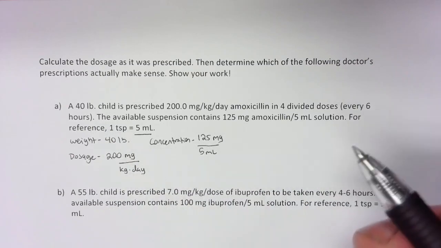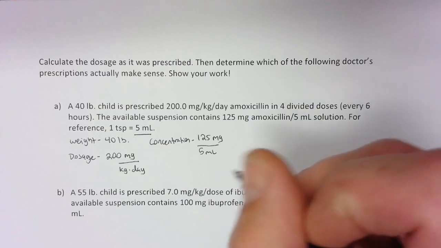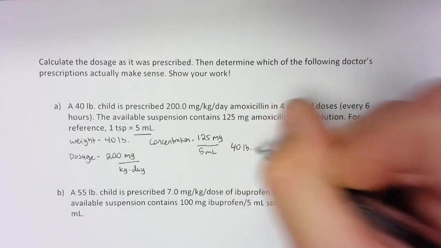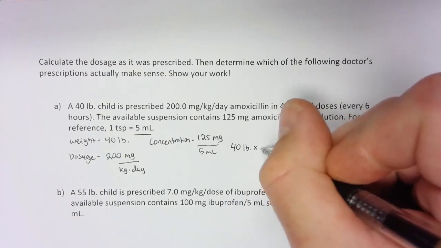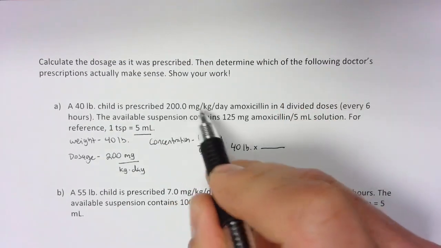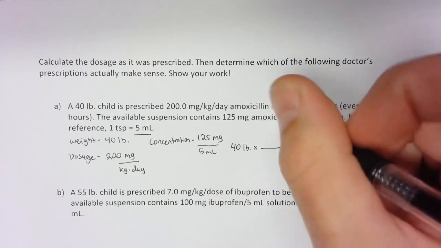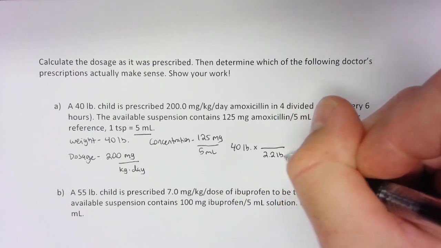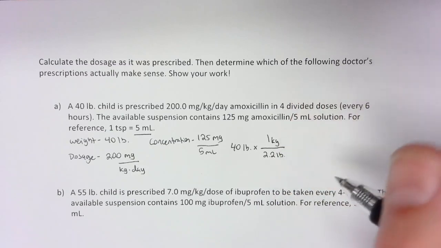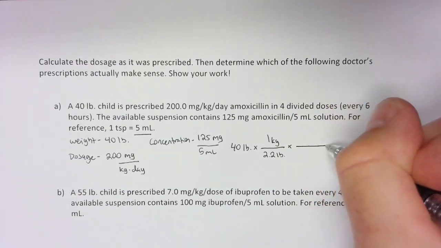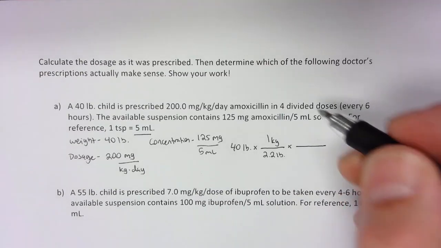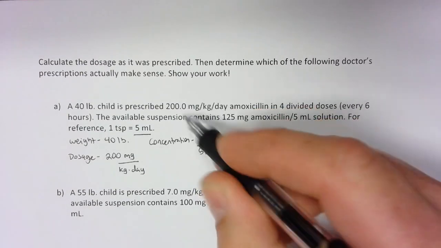And we're given the patient's weight. So we're going to begin there with 40 pounds. And then the next thing we're going to do, because this is milligrams per kilogram per day, we need to convert into kilograms. So we're going to do 2.2 pounds, convert that into kilograms of body weight. And then the next thing we're going to do is use our dosage.